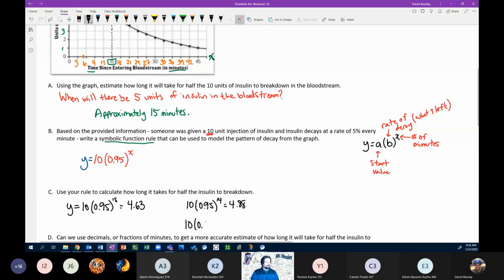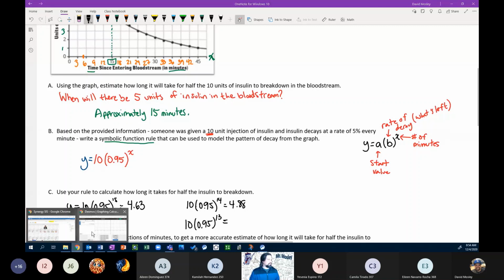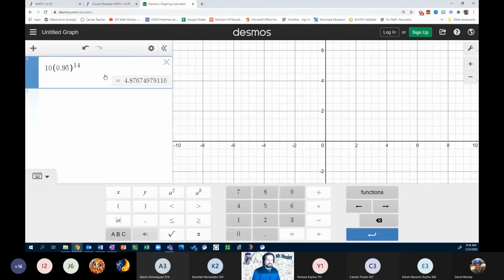Now, the reason we're using guess and check is because we will not learn the actual way to solve these for an unknown exponent value until Math 2, where you get what's called logarithms. So we use guess and check. That's the best we can do.